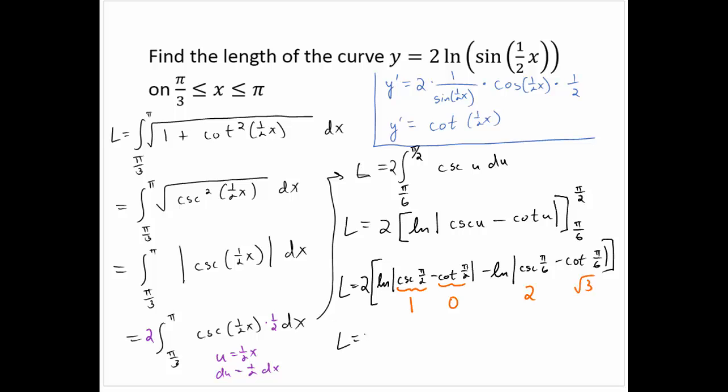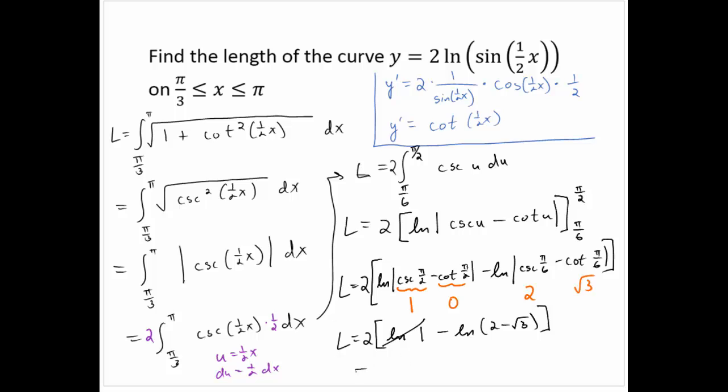So then the arc length is twice. Let's see, we would have the natural log of 1 minus 0 is 1, natural log of 1, minus the natural log of absolute value of 2 minus the square root of 3. Well, the square root of 3 is about 1.7, so 2 minus the square root of 3 is positive. So I don't need the absolute value there any longer. The natural log of 1 is 0, so that term goes away.